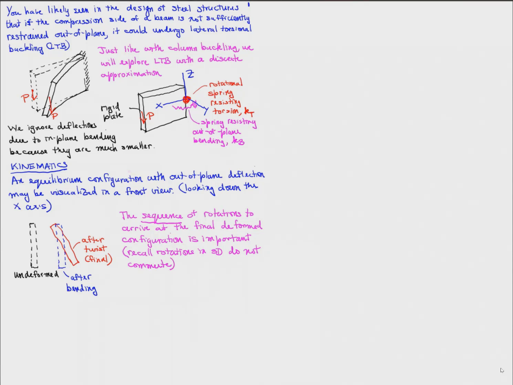So let the angle of bending, which is rotation about the z-axis, be theta, and the angle of torsion, which is about the x-axis, be phi. And let's see how we can construct the rotation matrices corresponding to torsion and bending.